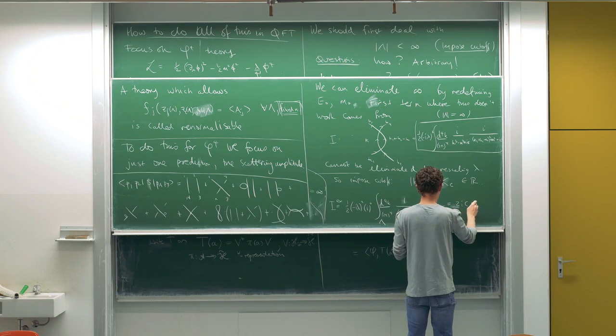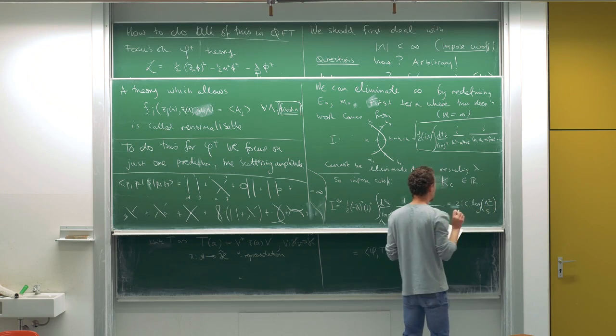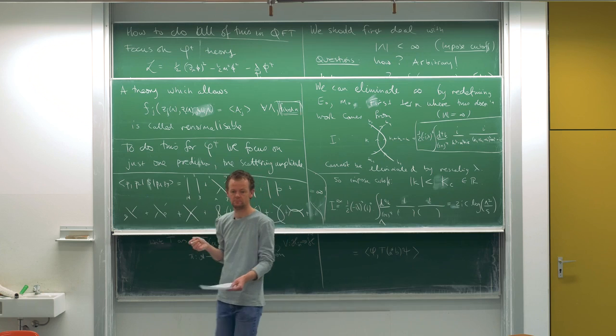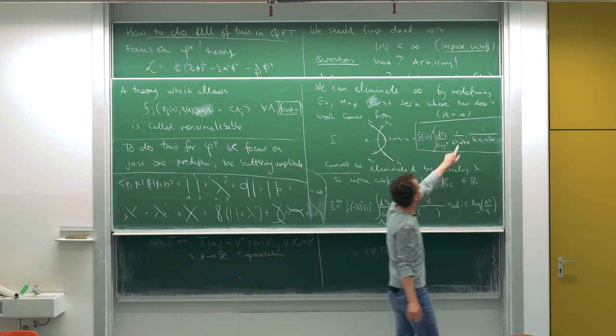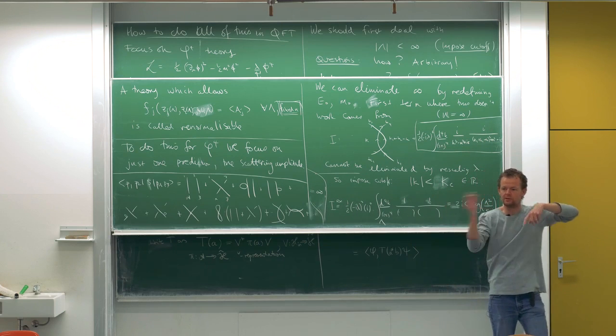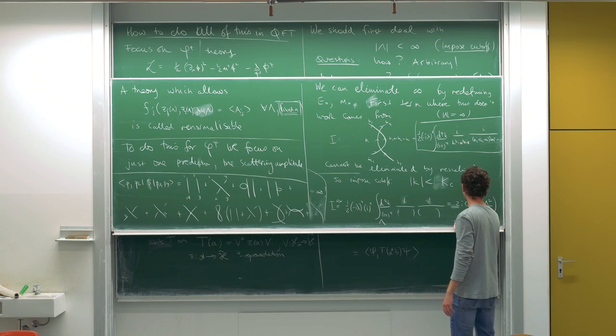If you do the integral with this cutoff in place, then you end up with this very remarkable result. You knew it was going to happen, right? Because the integrand is 1 over k to the 4 and we're integrating d4k, so we're going to get logs. And s is just equal to k1 plus k2.